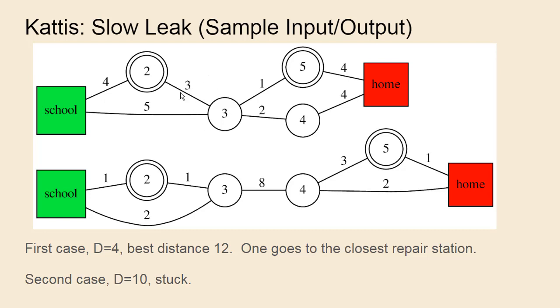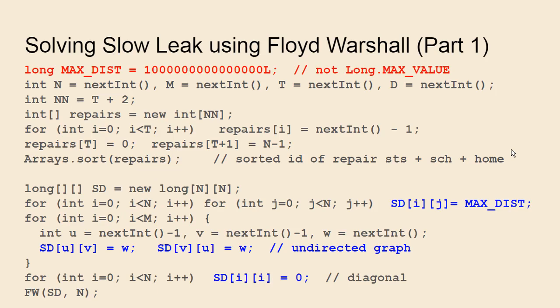So we are comparing two things: the distance we have traveled since leaving school, and the distance we have traveled since leaving the most recent repair station, which gives how much air we have left. Essentially we're trying to find things that are optimal in both senses, so we may have two states that are incomparable. For that, we'll simply remember both of those states in the Dijkstra algorithm. Let's see how that works.